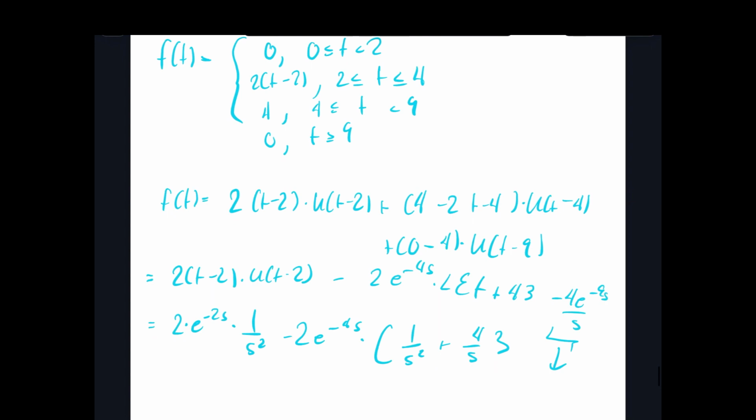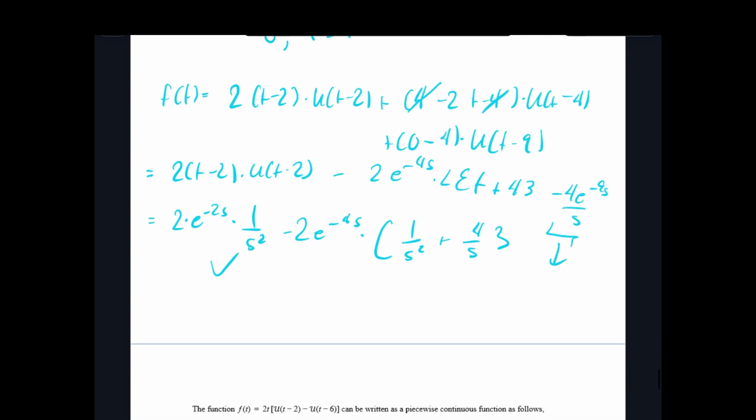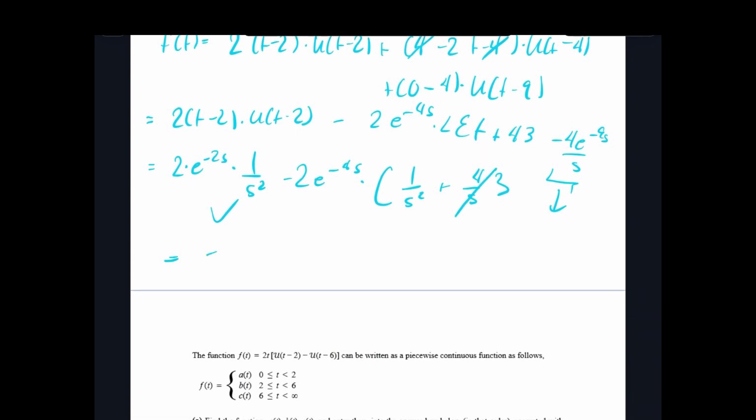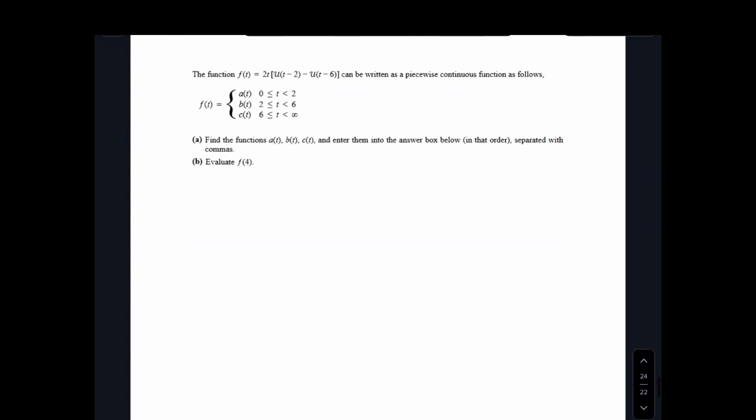Okay, so the first one's right. This one's correct. Then we have minus 2e to the negative 4s over just s squared. There's no 4s. Oh, yeah, these cancel out. Yeah, that cancels out. You just get negative 2t. So you just have this. So your final one will be negative 2e to negative 2s over s squared minus 2e to negative 4s over s squared minus 4e to negative 9s over s. And this is correct. Okay, cool.